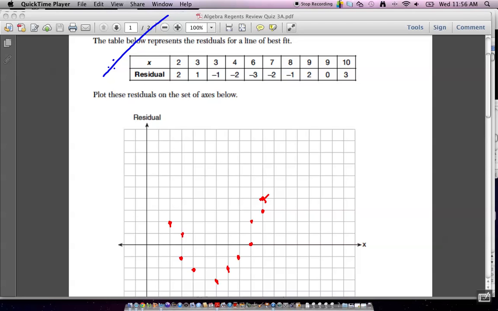Now, if it's really close to the line of best fit, wouldn't you say that the line of best fit is a good line of best fit? If they're really far away, wouldn't you say it's a bad line of best fit? Anytime that it forms a pattern, it's a poor line of best fit. So the answer to the last part is that it is a poor line of best fit because it forms a pattern.